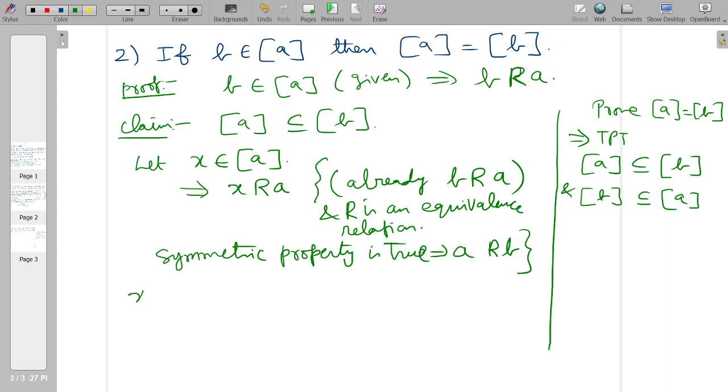So now I have X is related to A, and A is related to B. This implies X is related to B by transitive property.